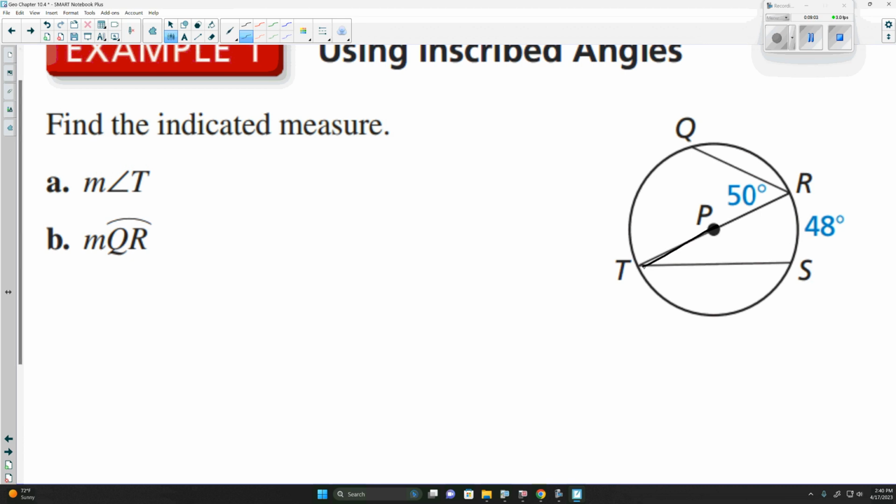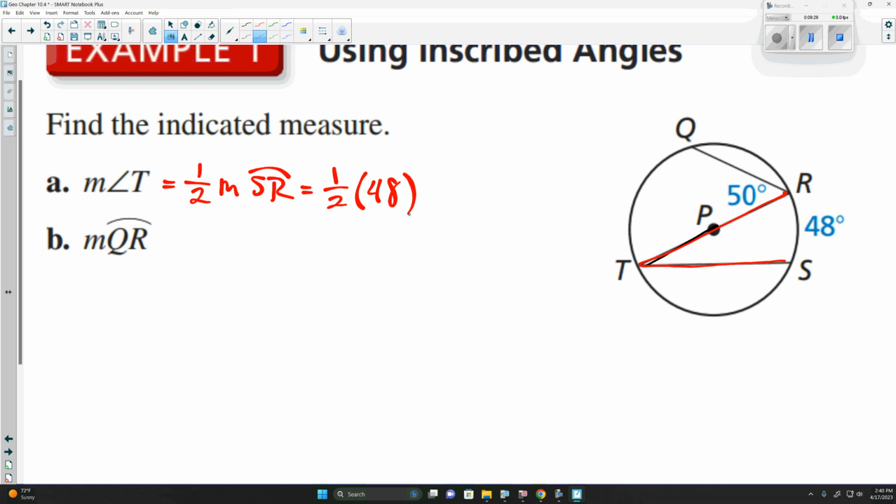We're looking for the measure of this inscribed angle. So if we wrote it purely mathematically, we would say it's half of its intersected arc, which would be the measure of arc SR, which is really exactly saying half of 48.